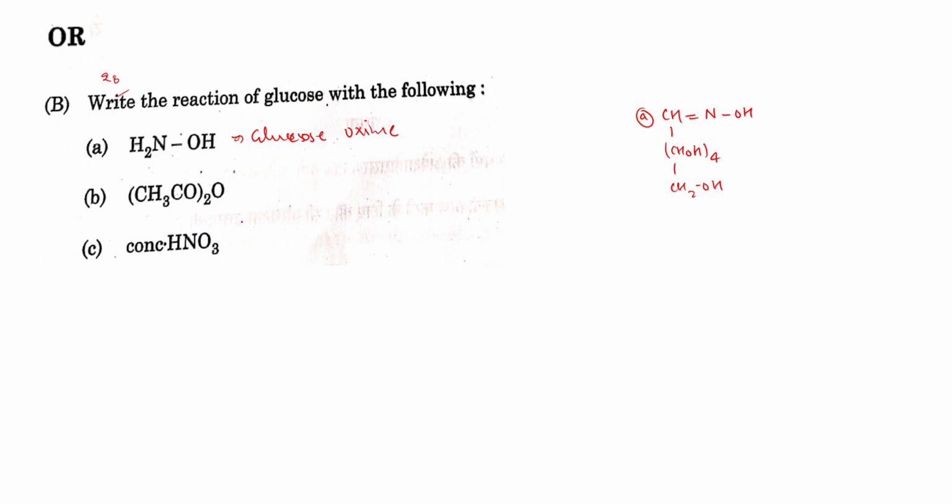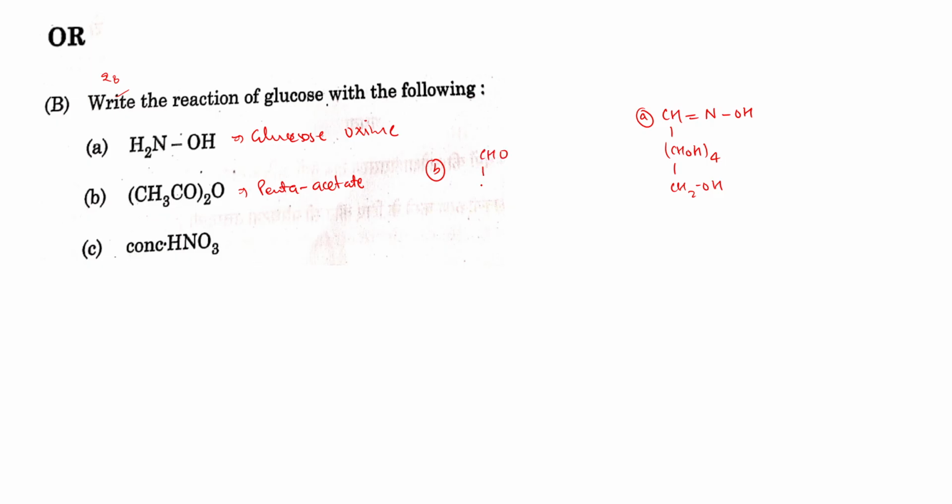For this one, we have acetic anhydride, so it forms pentaacetate. Basically, this reaction shows that 5 OH groups are present in the glucose structure. So for B, I will write the answer as pentaacetate.